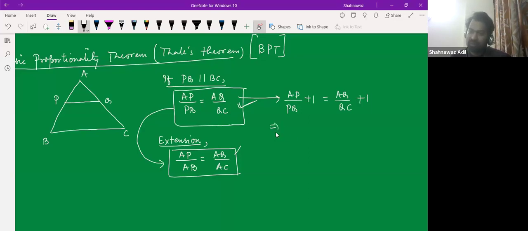So if you do this, then this would be AP plus PB by PB, and this would be AQ plus QC by QC. So what will you get? Where is AQ? Oh, what did I write? Oh, this is PB, right?